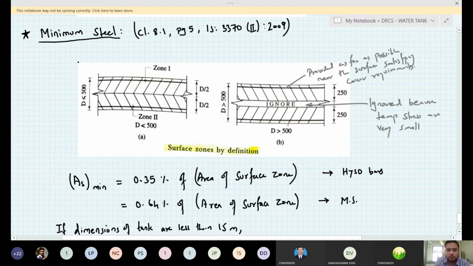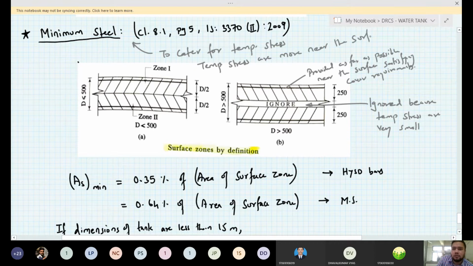The same way here also, on the bottom also. The minimum steel is provided to cater for temperature stresses, and these temperature stresses are more near the surface, near the surface meaning either the top surface or the bottom surface.